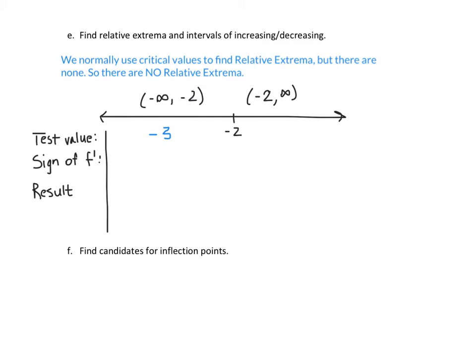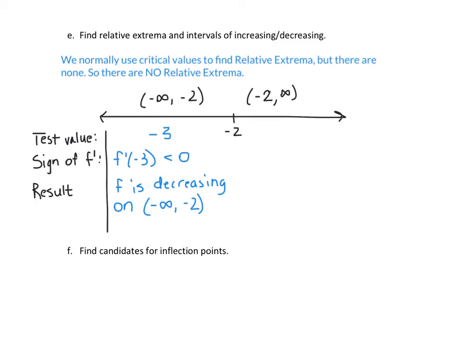Now, if we plug negative 3 into our first derivative, f prime of negative 3, what we should get is a negative value. This is less than 0. So this tells us, since the first derivative is negative, that the function is decreasing on this interval. So we are decreasing on the interval negative infinity to negative 2.